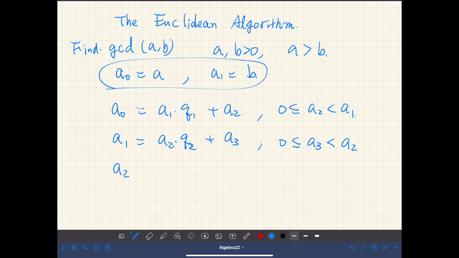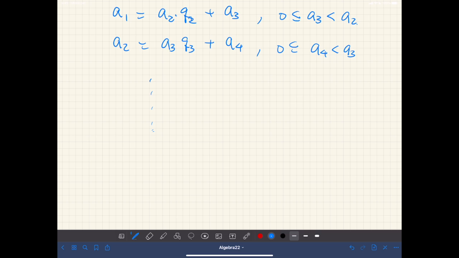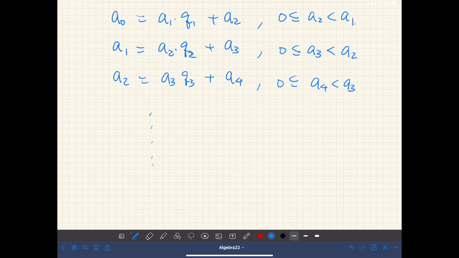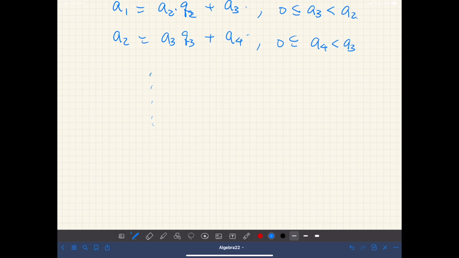And we do this over and over until the remainder becomes 0. Since the remainder gets smaller and smaller every time we apply the division algorithm, eventually it becomes 0. Let's label that step as n.